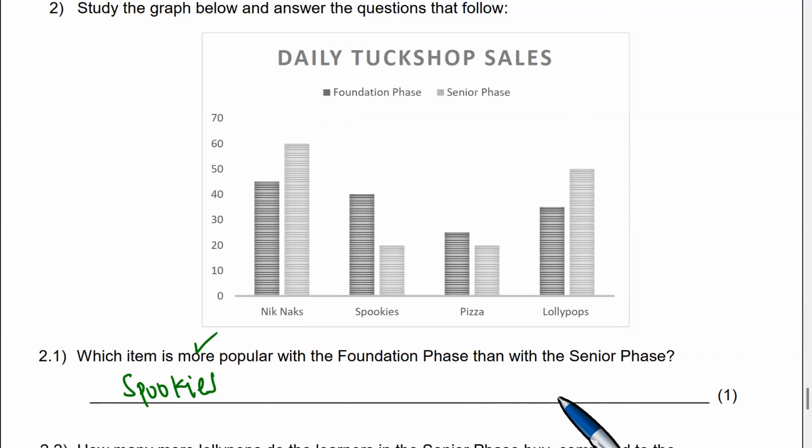So 145. Please come again. 145. 145. Well done.